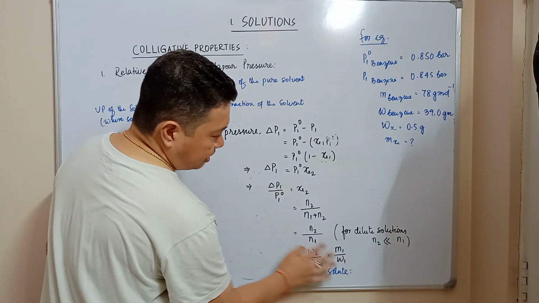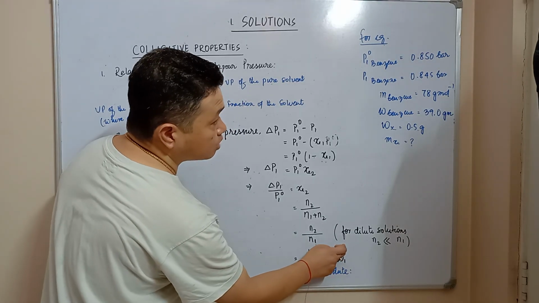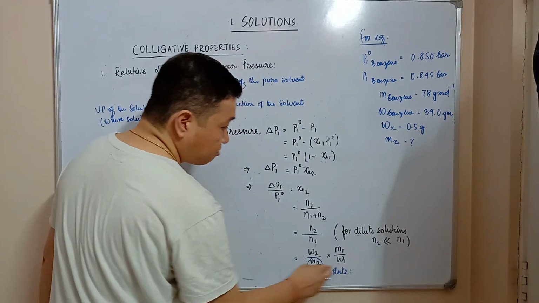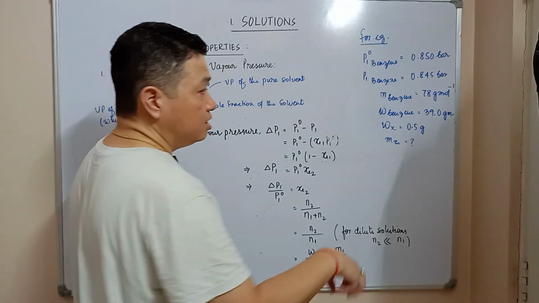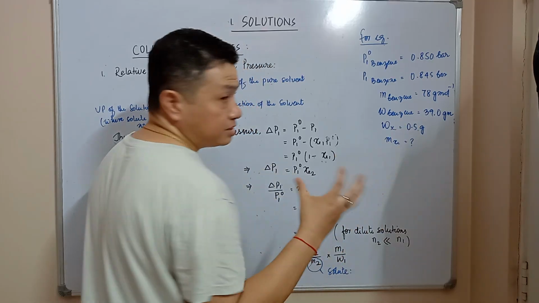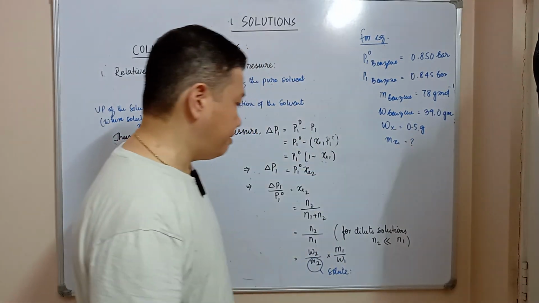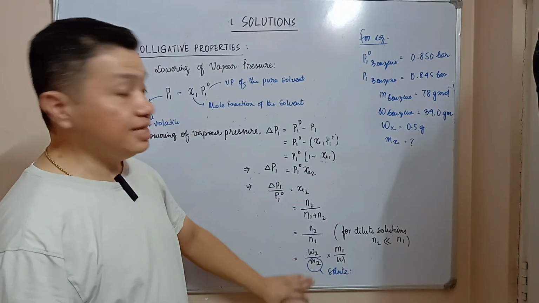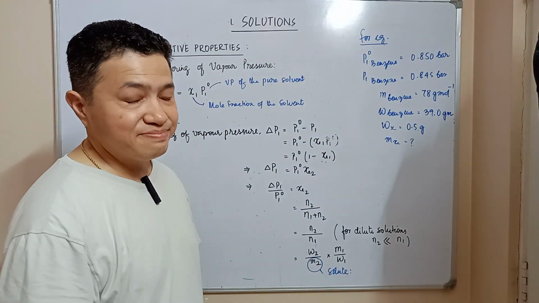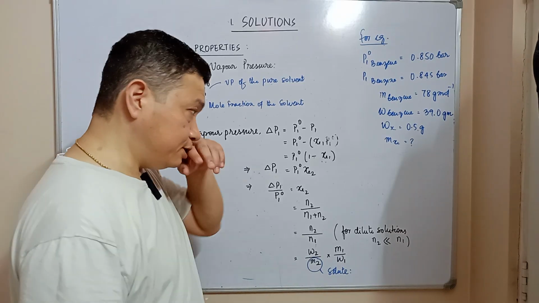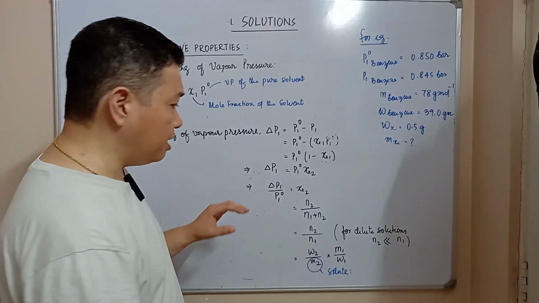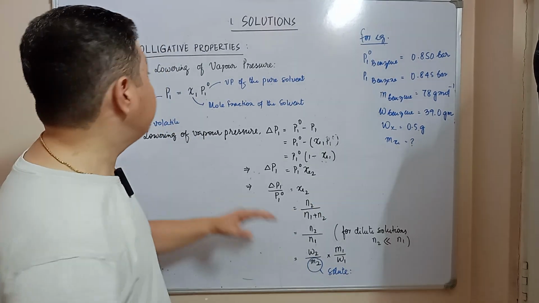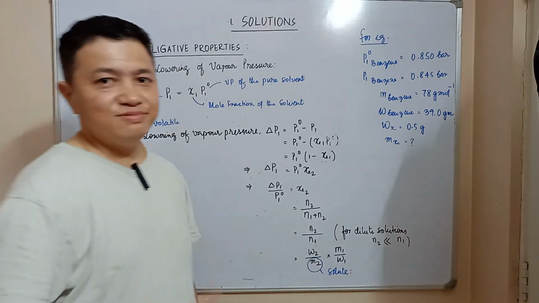Then on the right side, you have the molar mass of benzene, the weight of the benzene, and how much solid has been dissolved. The weight of the unknown solid Wx is 0.5 gram. So from this given data, you can easily calculate the molar mass of the unknown solid. So this is the application of the mathematical expression of the relative lowering of vapor pressure. Hope you understood.